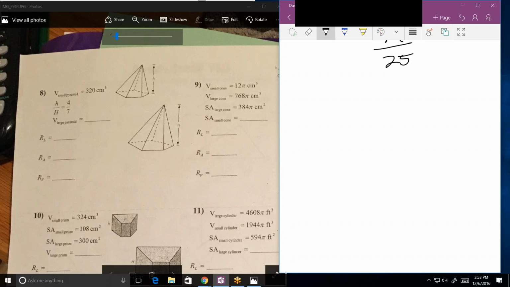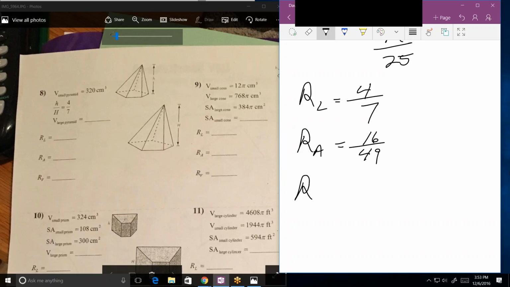Start with R sub L. What is R sub L? Little to big. Would it be 4 to 7? R sub A? 16 to 49.